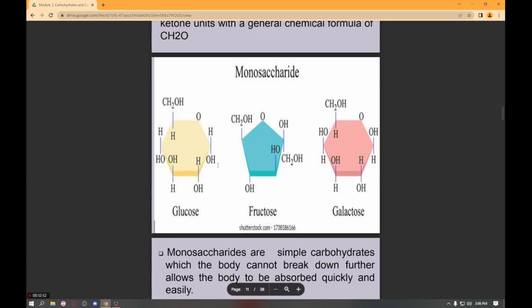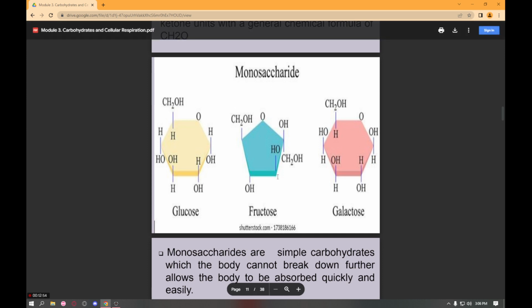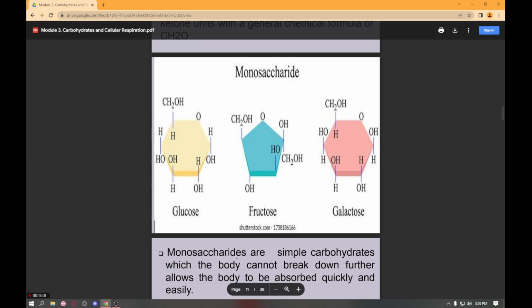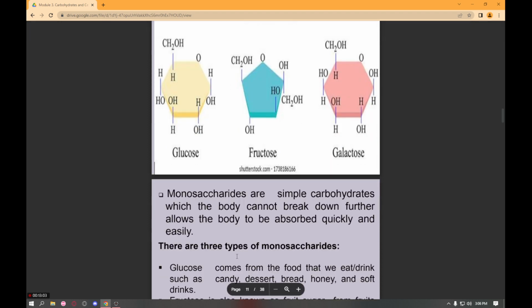Okay. So these are your three monosaccharides: your glucose, your fructose, and your galactose. Okay, so monosaccharides, these are simple carbohydrates which the body cannot break down further, allowing the body to absorb them quickly and easily. So kaya siyang i-absorb ng ating katawan quickly because they are made of monosaccharides.